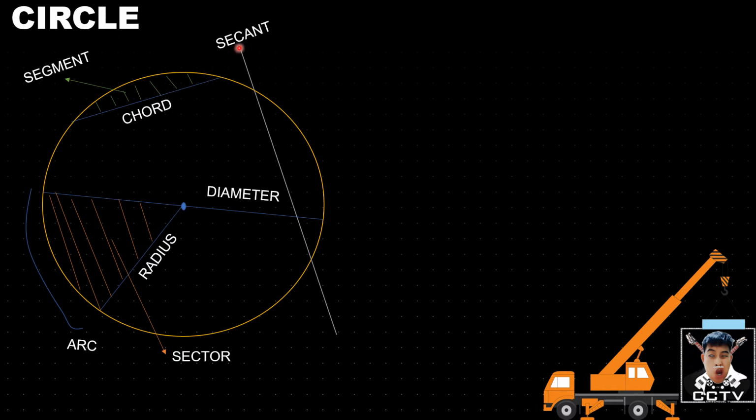At pag may line ka na tumama sa both sides ng circle, you call it the secant. And pag that's just that the tip lang, we call it the tangent. And of course, the area of a circle is pi r squared or pi over 4 times d squared.